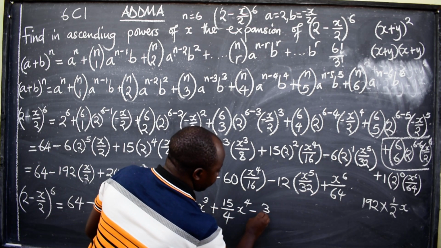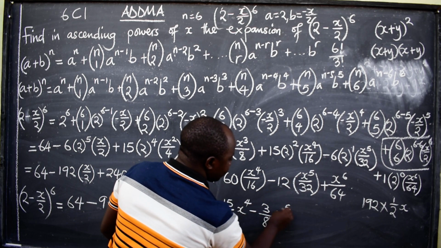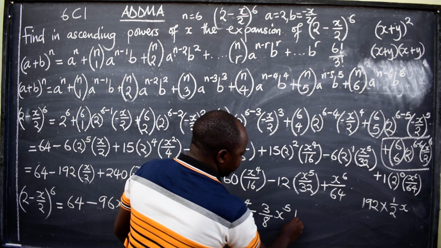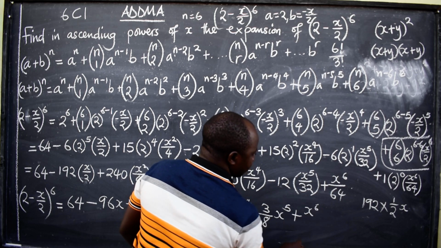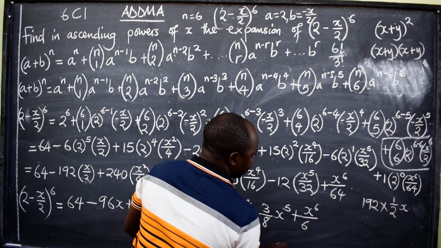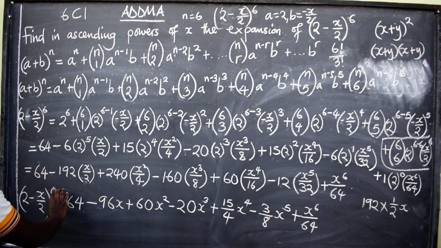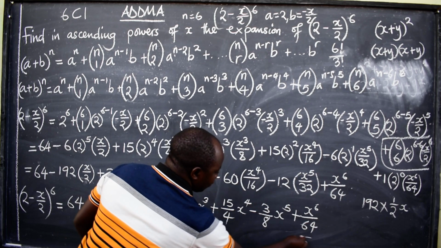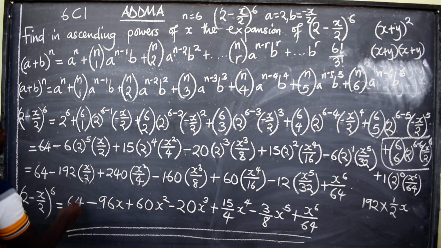So minus 3 over 8 here, x to the power 5. Then plus the last term, which is x to the power 6 over 64.